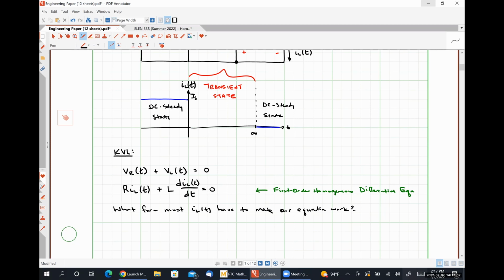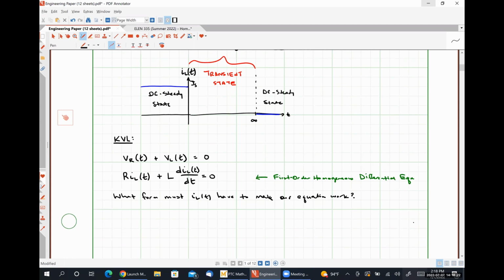Another way to put that is that IL of t and the derivative of IL of t need to be effectively the same function other than some coefficients. So what function do we know of where the function itself and its derivative are effectively the same thing? E to the x, absolutely right.